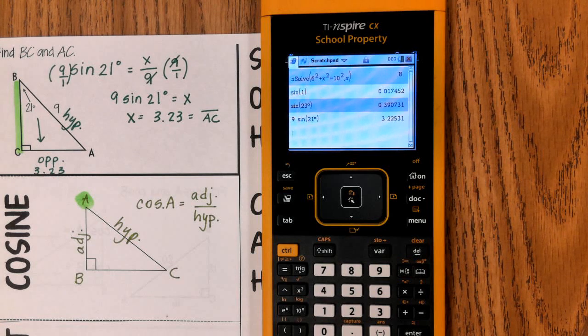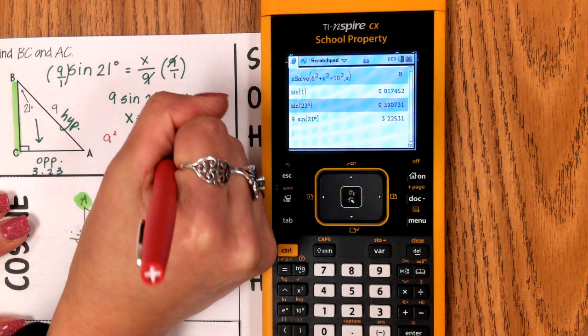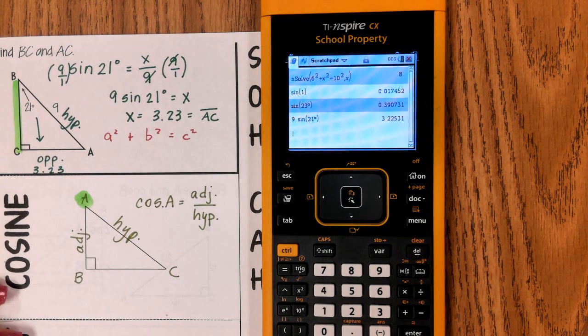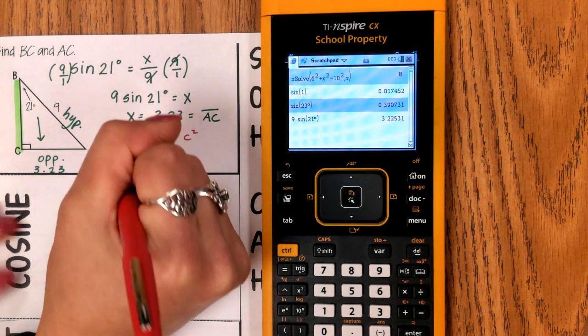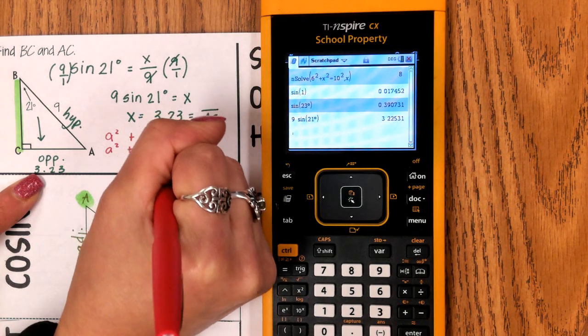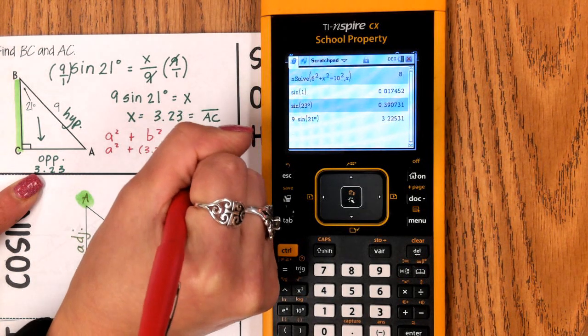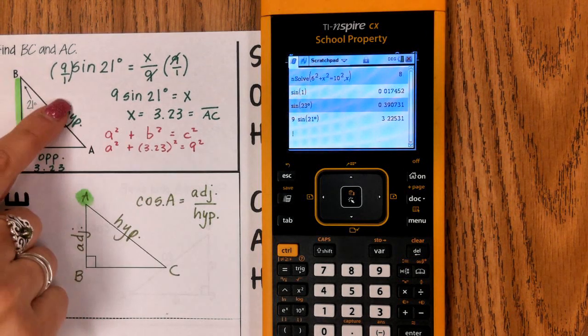I'm going to do this in a different color so we understand that this is something totally different. So A, we don't know. We're going to use this number here to help us for B. And then c squared would be 9 squared. Remember, c is always my hypotenuse.